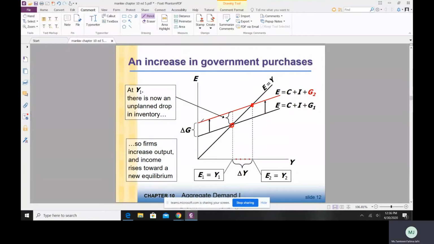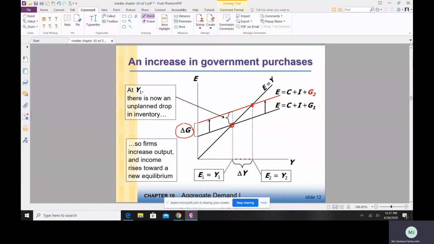One thing that you need to be very clear on is that ये जो shift आ रहा है ना, the parallel shift that you see in the planned expenditure curve, this is equal to the change in G. So if G increases by $1, ये जो upward shift होगी ना, this is also going to be by $1. If change in G is by $100, this parallel shift up is going to be $100.